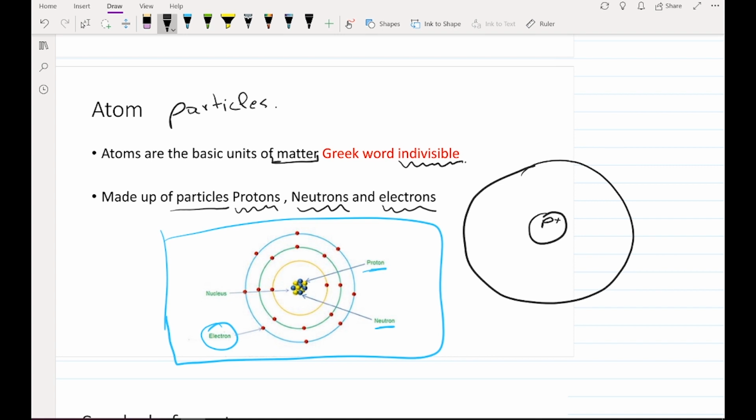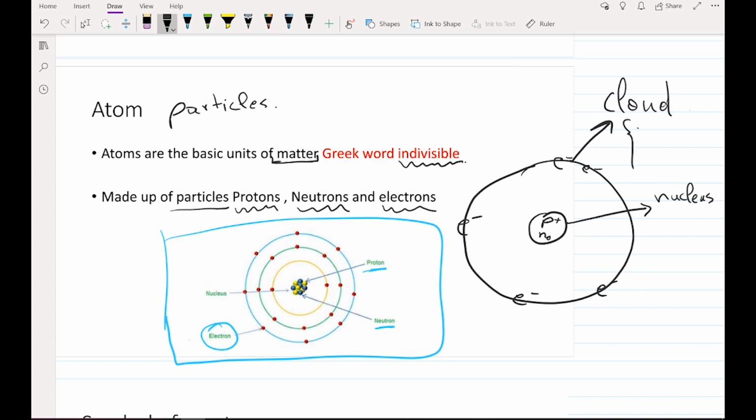The nucleus is composed of protons and neutrons. Electrons fly around forming a cloud. So the electronic cloud has the electrons, and the nucleus has the protons and neutrons in its center. Electrons have a charge.